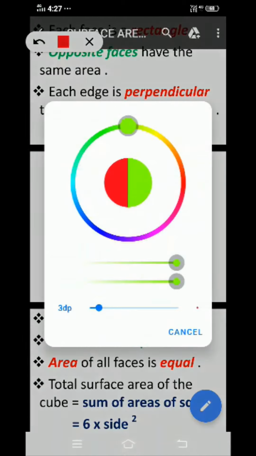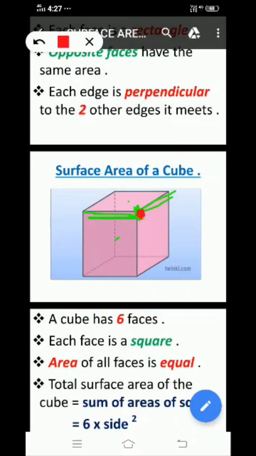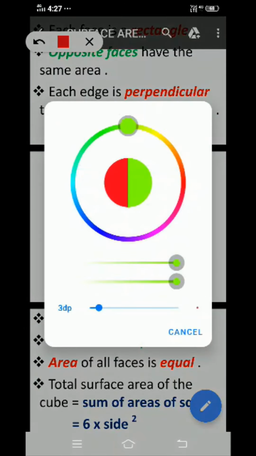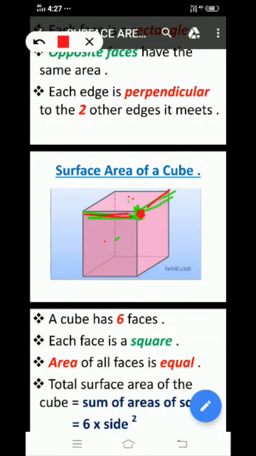Where these faces meet, that line is called an edge. Okay, now it is clear to you.